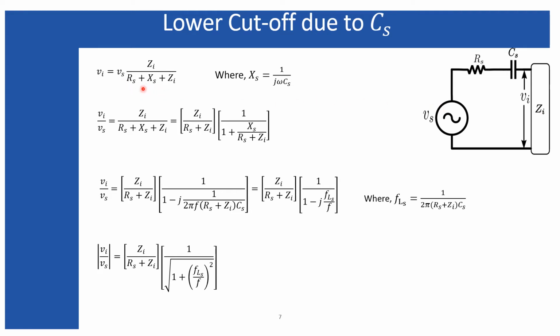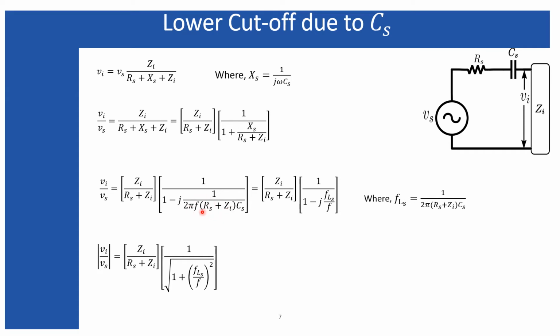Now from here, if I take this Rs plus Zi out of the expression, it will divide this Xs, and finally I have replaced this Xs as 1 by j omega Cs, where I have written omega as 2 pi f. This procedure is similar to the steps I followed in describing the high pass filter in my last lecture.